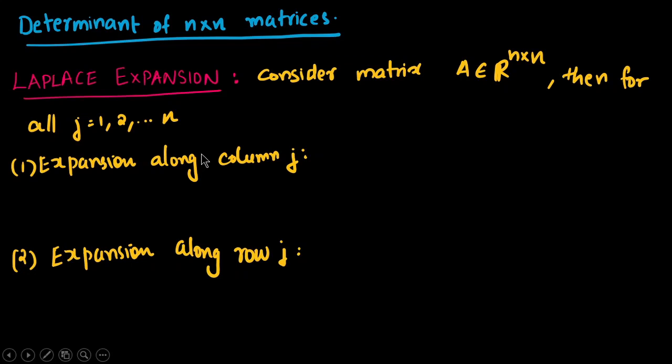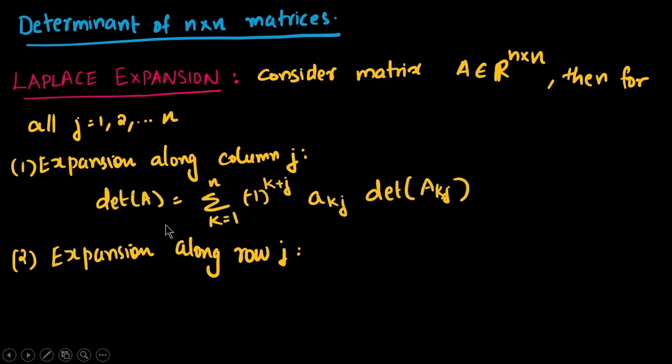Okay. Then if we are going for the first method, the expansion along the columns, we find the determinant of A is equal to sigma k equal to 1 to n of (-1) raised to k plus j, A of kj into the determinant of A kj.